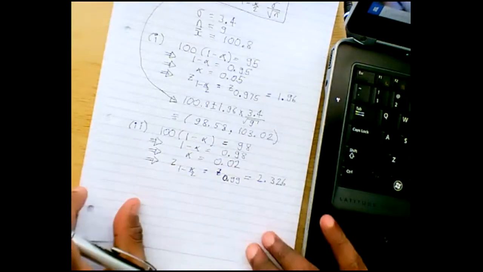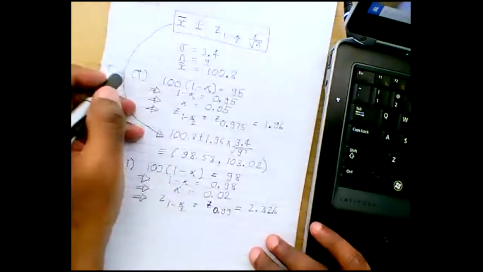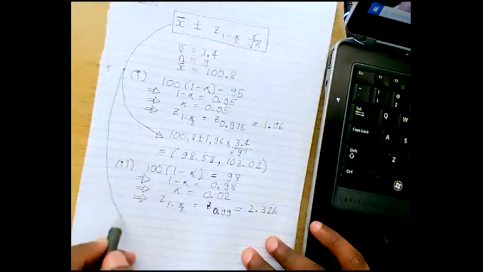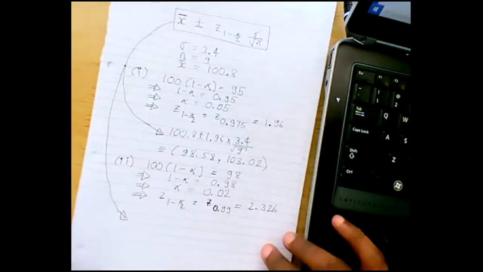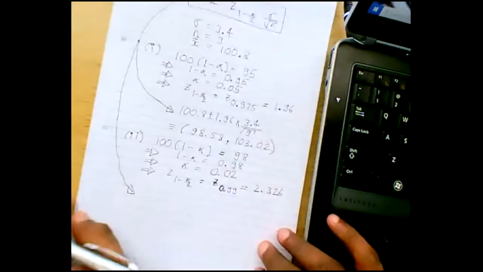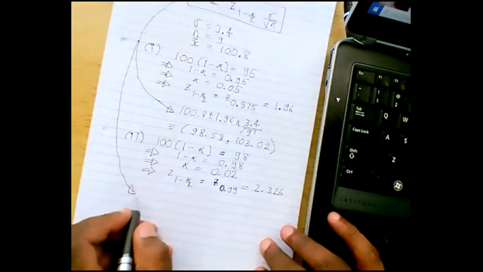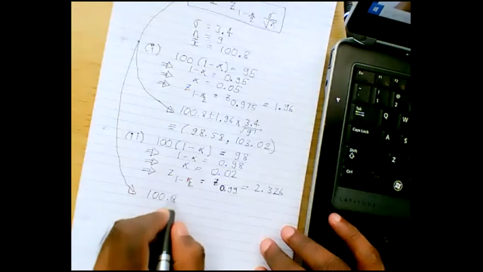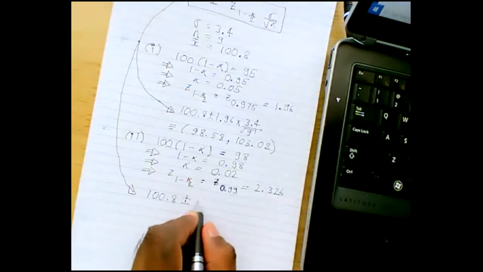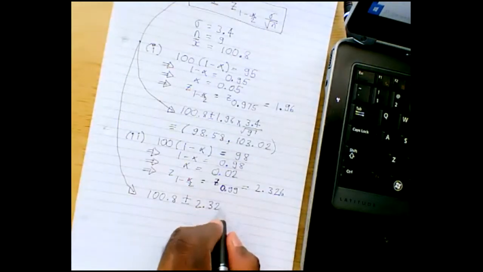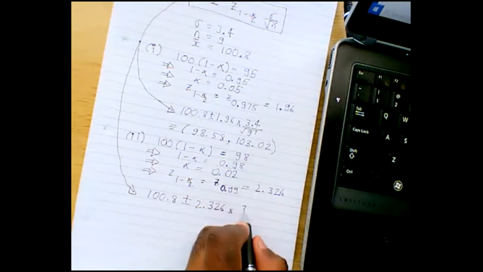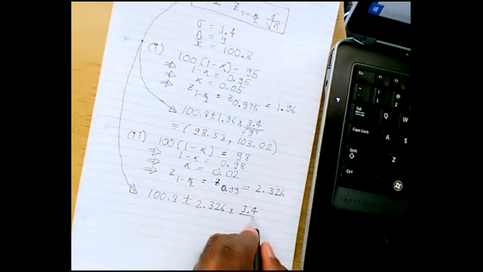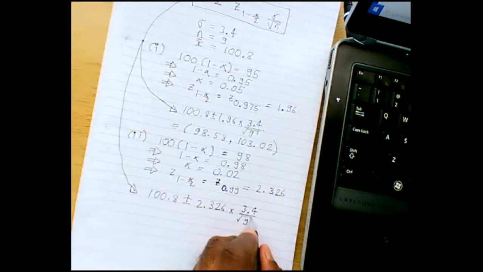So once again, if you use this formula one more time, you will get x bar, which is 100.8, plus or minus 2.326 multiplied by 3.4 divided by the square root of 9.